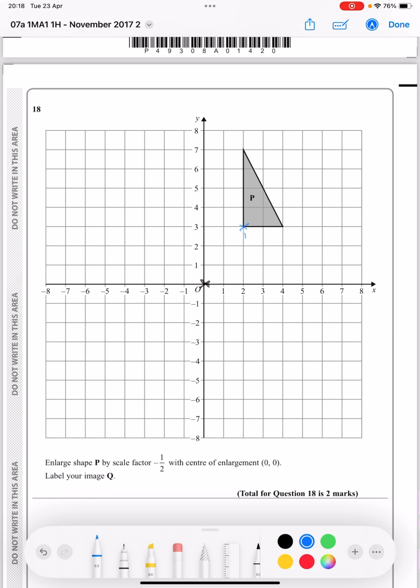And to get from the center to the blue one, I go across 2. And then what I do is I go up 3. I'm writing that as a vector. Now, if I multiply that by minus a half, so you could say, okay, it's 2 right, 3 up.